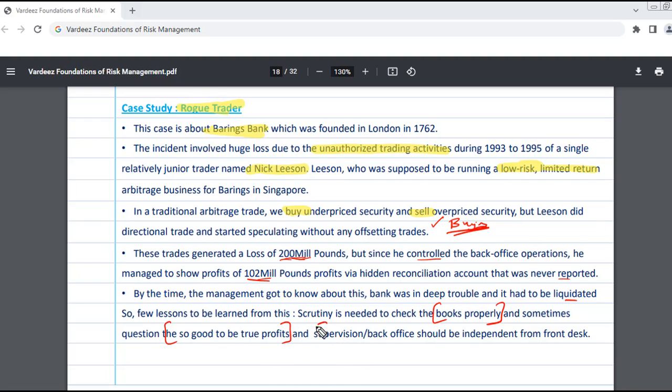And most importantly, the supervision of the back office should be independent from the front desk. His authority to control the back office operations led to hidden accounts that were making huge losses for the company. So these are the lessons that we learn from the rogue trader.